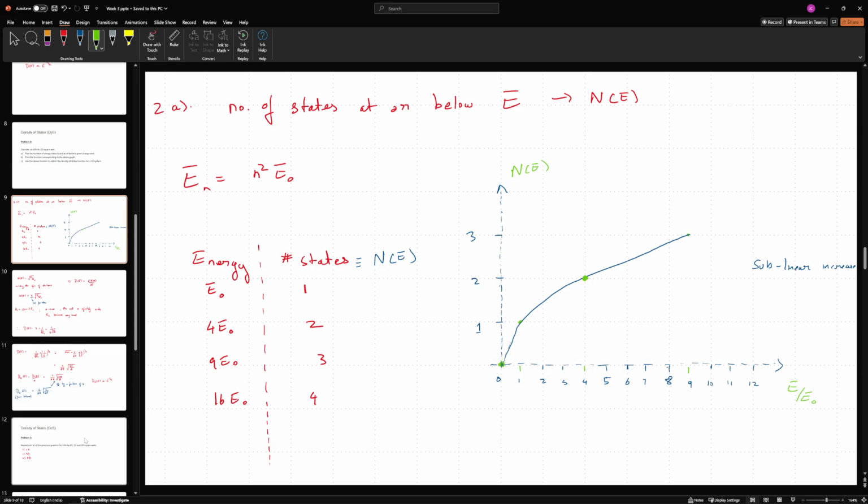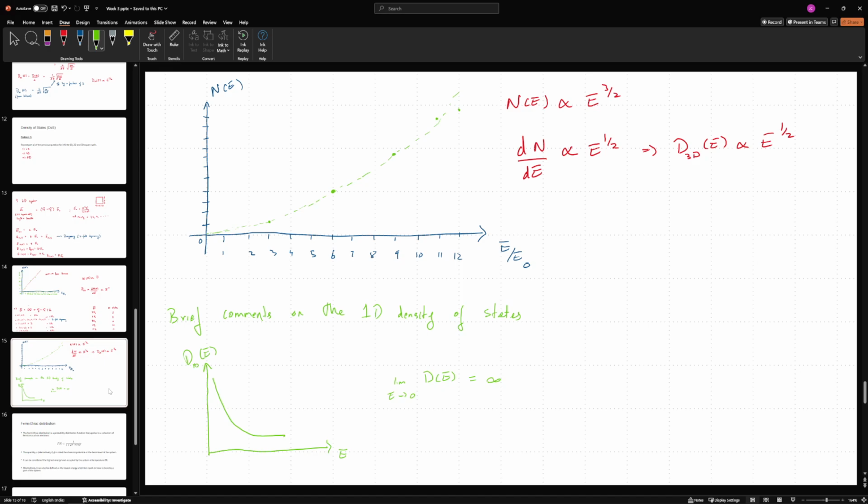It seems very counterintuitive, because in this graph I'm clearly stating that there are no energy levels present below a certain energy, but when I plot the density of states, somehow the density becomes infinite. So how can I have infinite density with no energy states?